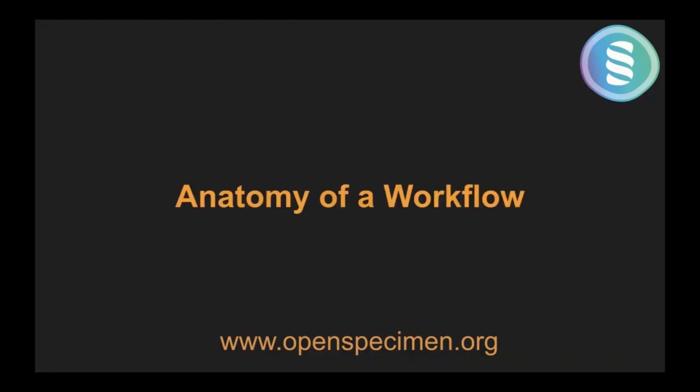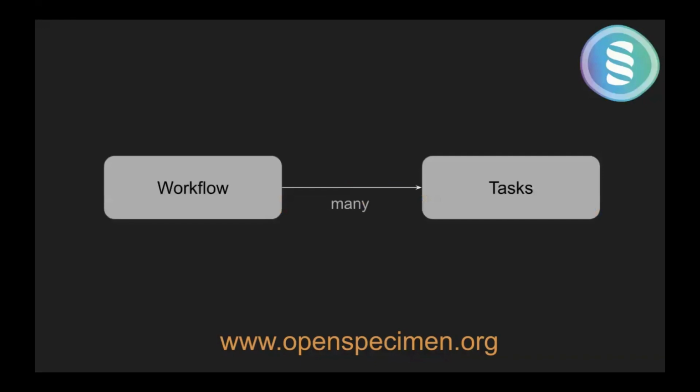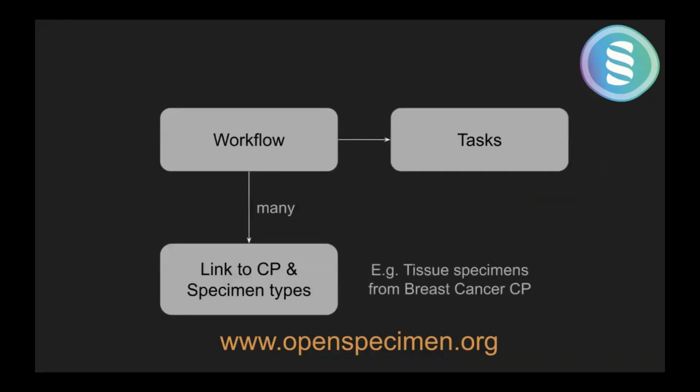Just an overview of what a workflow is, like I just showed in the screenshots. A workflow can have many tasks, and a workflow can be linked to a specimen or a specimen type or a protocol or a combination of those. It can be more than that, so it need not be just specimen type. You can choose what kind of filters you want to apply on the specimen.